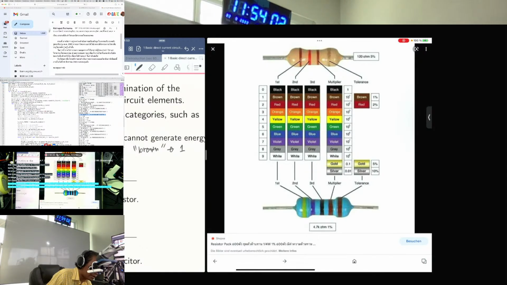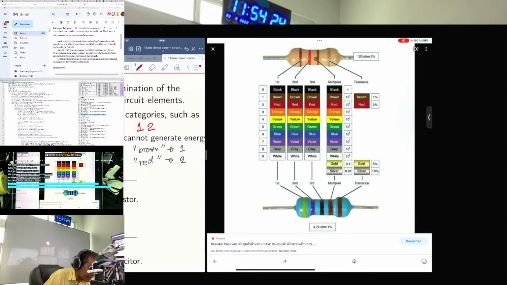In the second band, you have something like red, right? Red color. So red will bring you to number two. So you have one, the first digit, and two as the second digit.